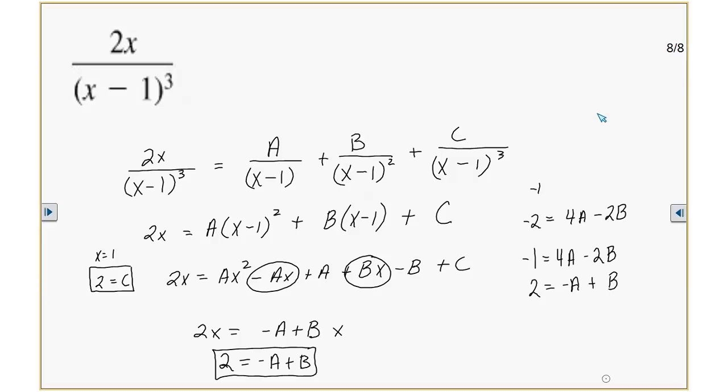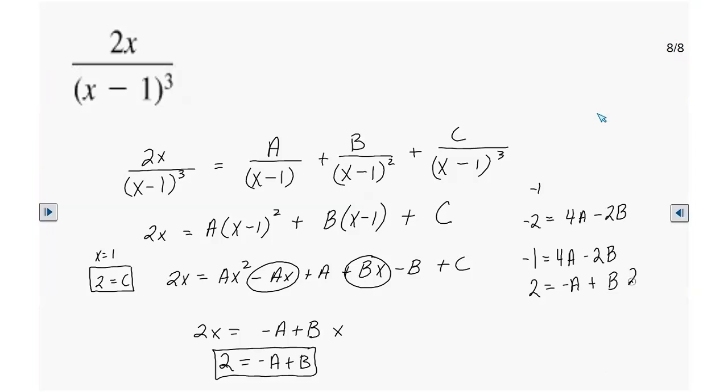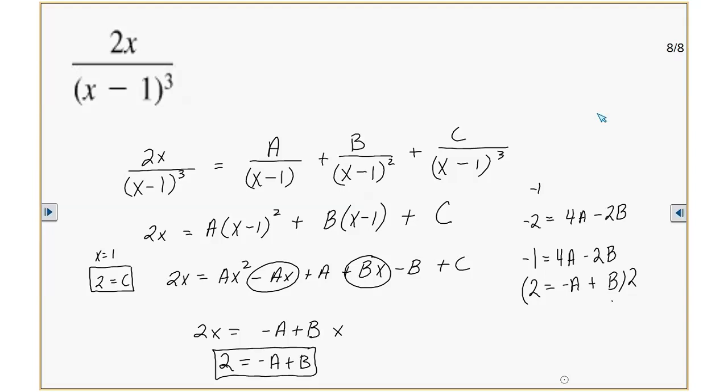So what am I going to multiply the bottom by? 2. I'm going to multiply by 2 right here. And that's going to give me 4 is equal to negative 2a plus 2b, right?